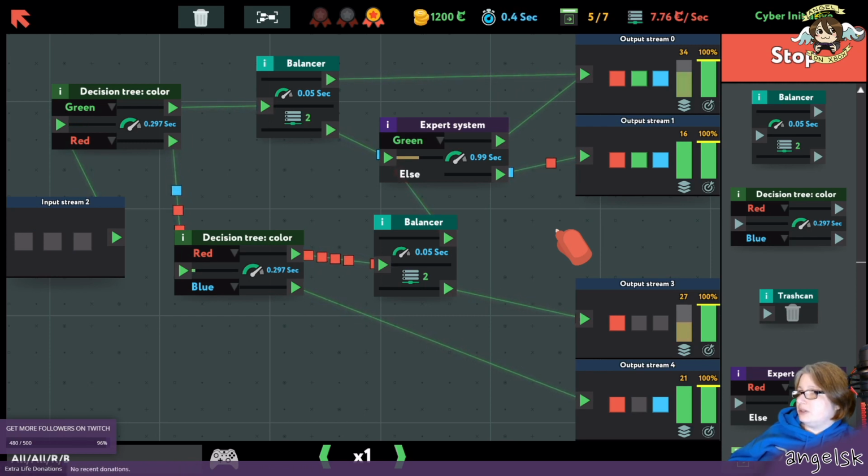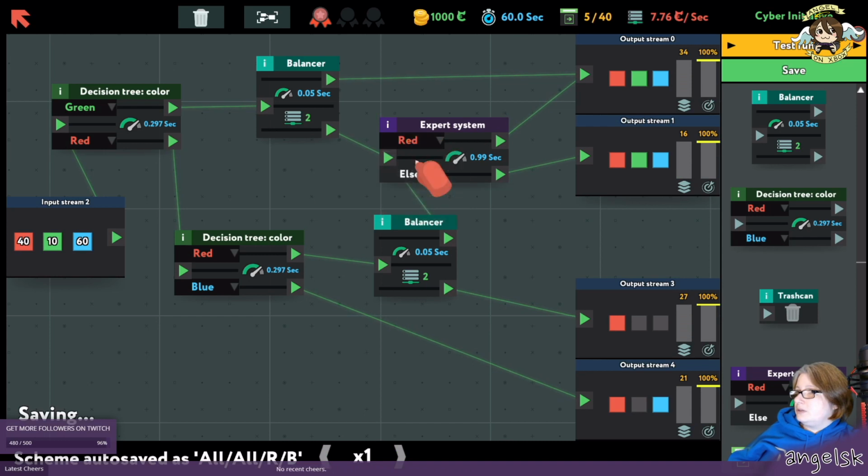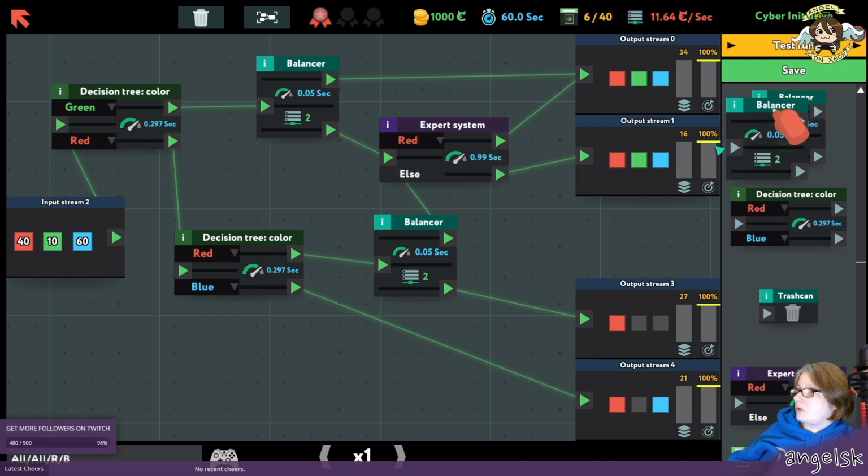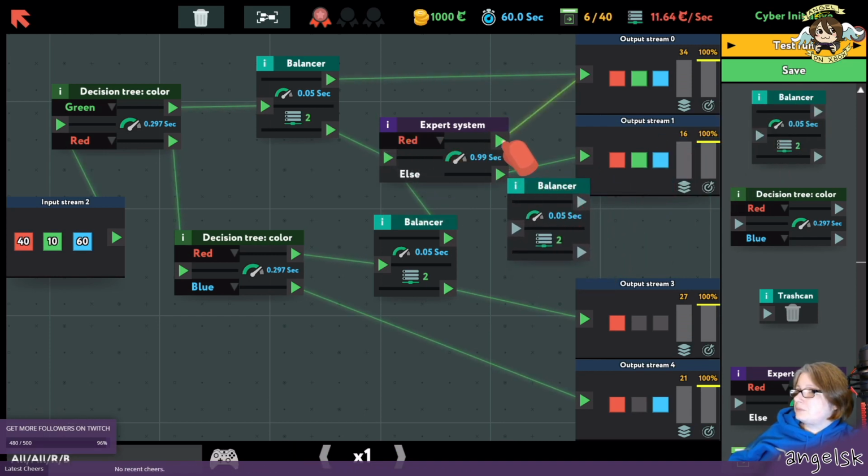Let's just check there's enough red going in the bottom bit first, though. Not quite. Okay. Let's then split this one more time.